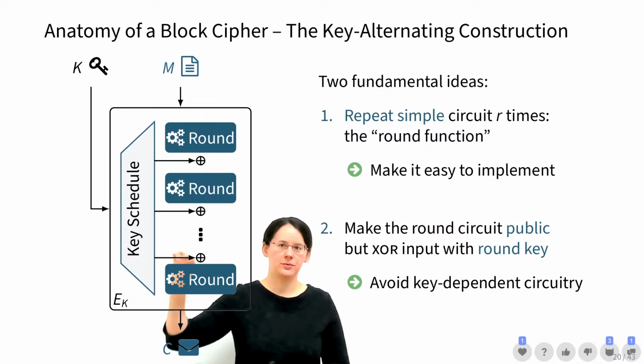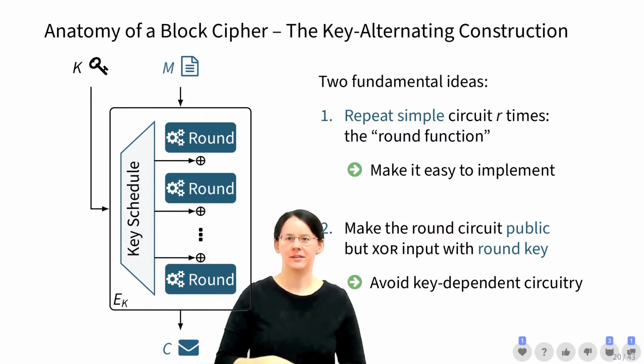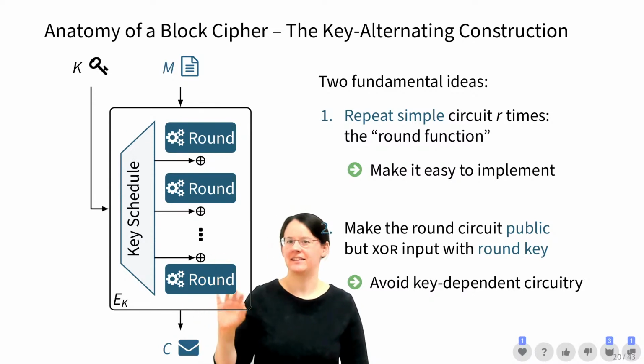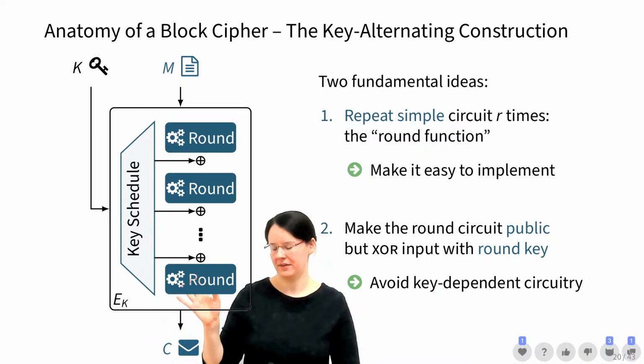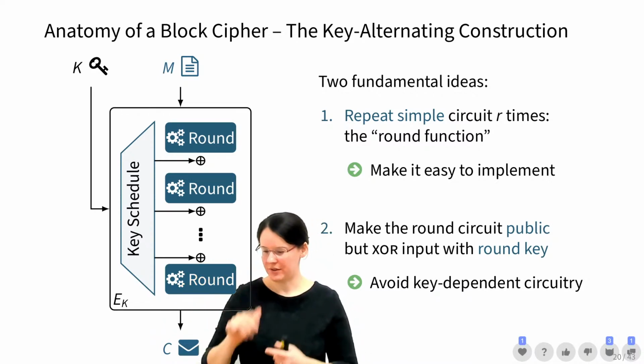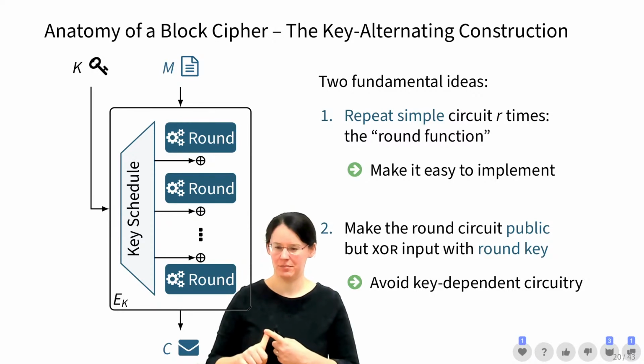And the reason why I want to do this simple thing with the key instead of something more complicated, well, there are several reasons for that. One reason is that we want to avoid having any key-dependent circuitry, like key-dependent lookup tables or so in there. First, because this would be complicated to implement.